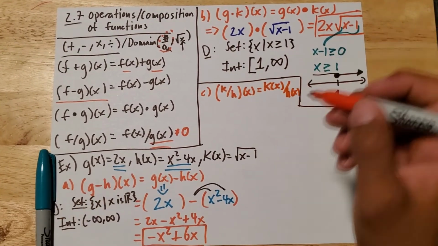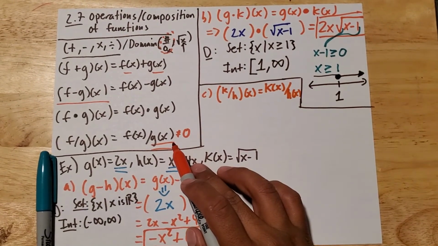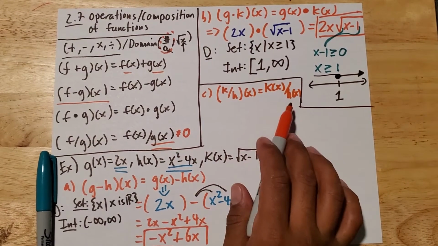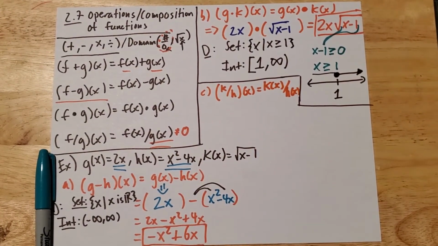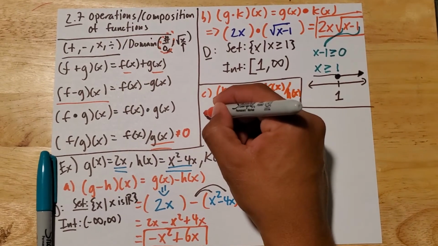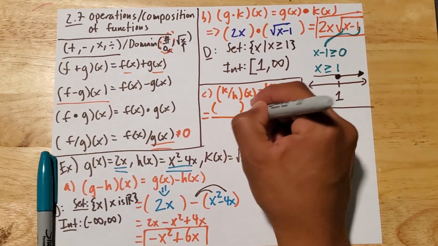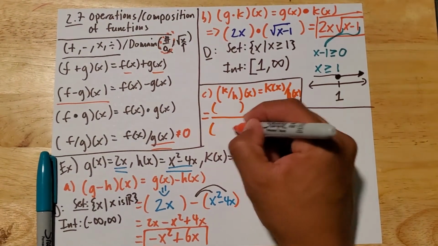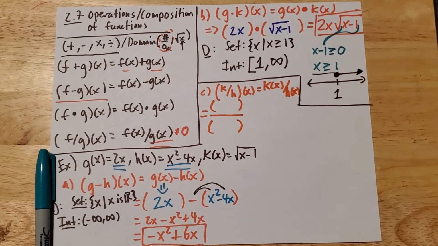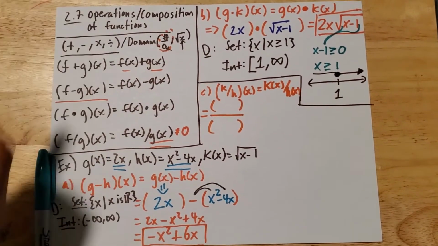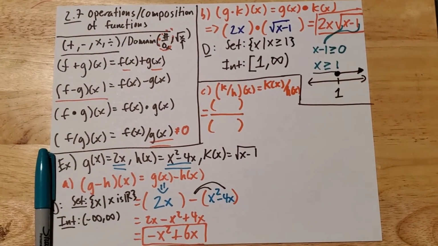This is the part where I said now you have to be careful, because when you're dividing, that h of x is in the denominator, meaning whatever function it is, it just can't be equal to 0. So again, I'm going to replace the numerator with k of x and the denominator with h of x, and plug in whatever those two functions are equal to.